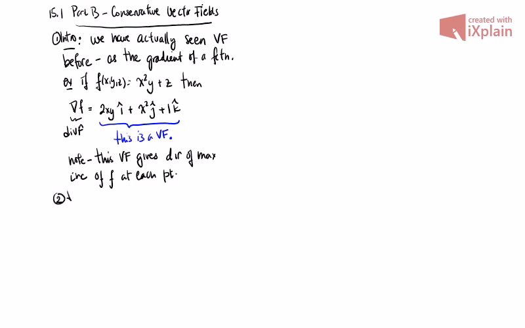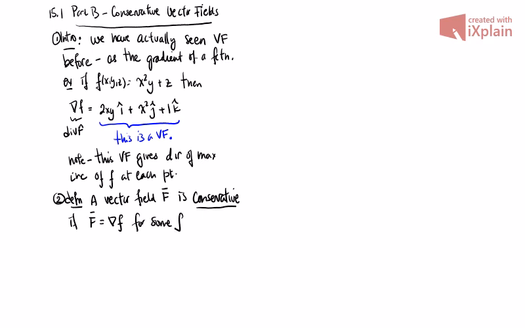So, definition: if a vector field is the gradient of a little f, then it's a conservative vector field. A vector field big F is conservative if big F is the gradient of little f for some little f.